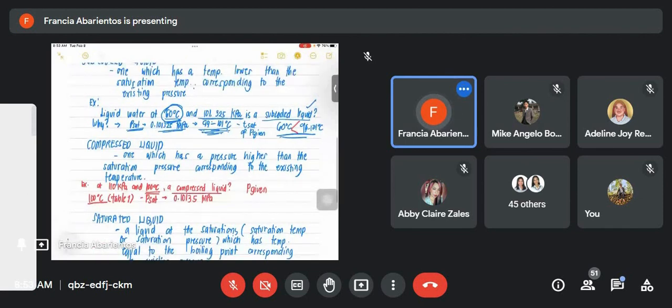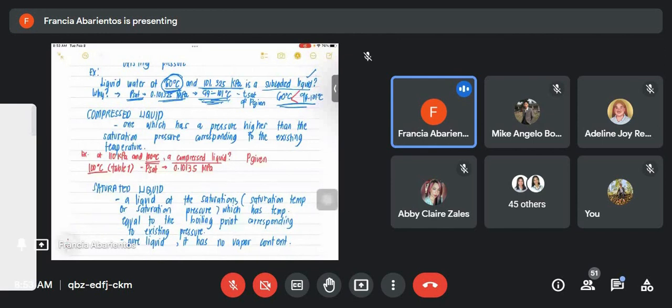So, dito class, pressure given higher than the saturation pressure. So, tingnan nga natin. The 110 kilopascal is greater than 101.325 kilopascal. Is this correct?